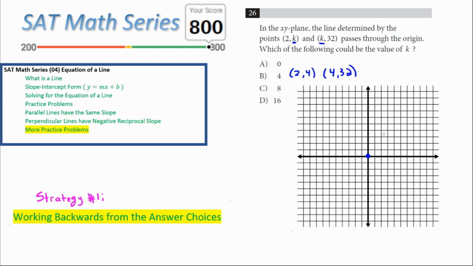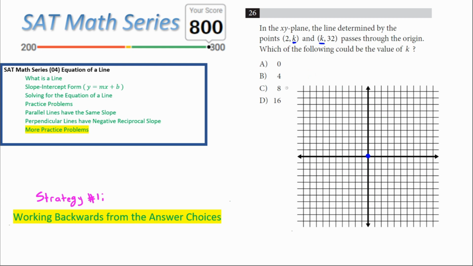And (2, 4) would be here, (4, 32) is hard to say. It's going to be way up here, though. And we could come up with the equation of the line and find the y-intercept, but I can't seem to draw it. But it just seems like it's going to miss by quite a lot.